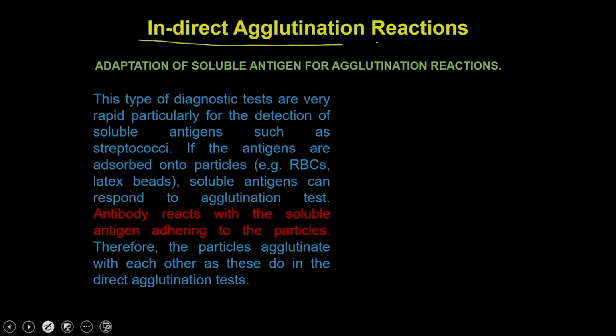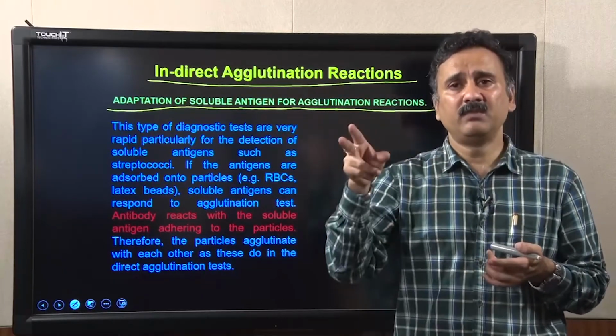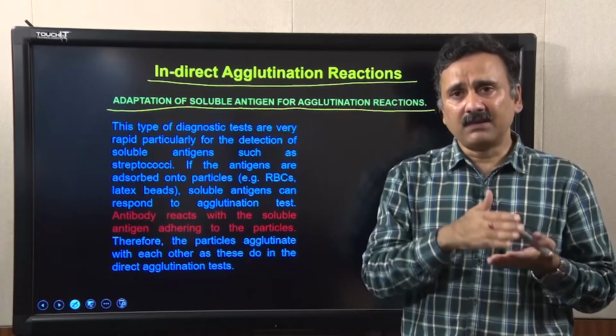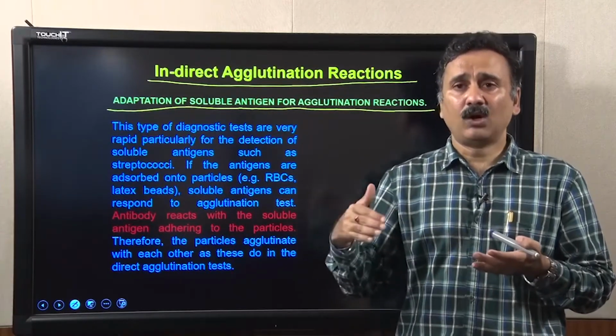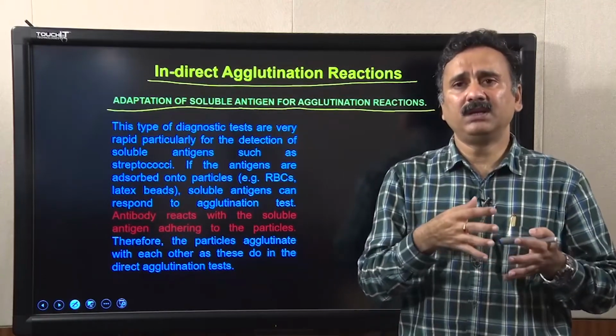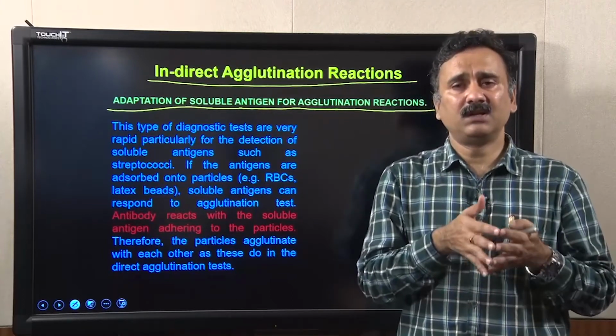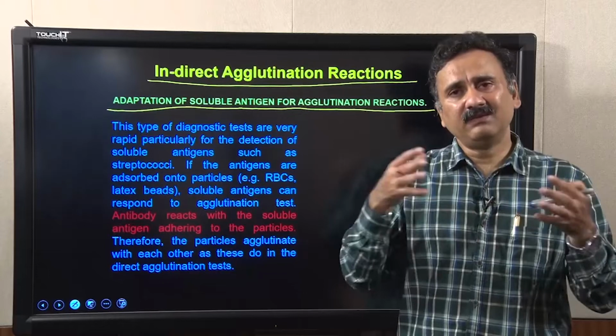Now, indirect agglutination reactions. An indirect agglutination reaction is an adaptation that allows soluble antigen to be used in agglutination reactions. Agglutination reactions are only done if the antigen is insoluble, which means particulate in nature. But in some cases the antigen is soluble and you would still like to do agglutination reactions, because one of the major advantages of agglutination is that it does not require expensive infrastructure.